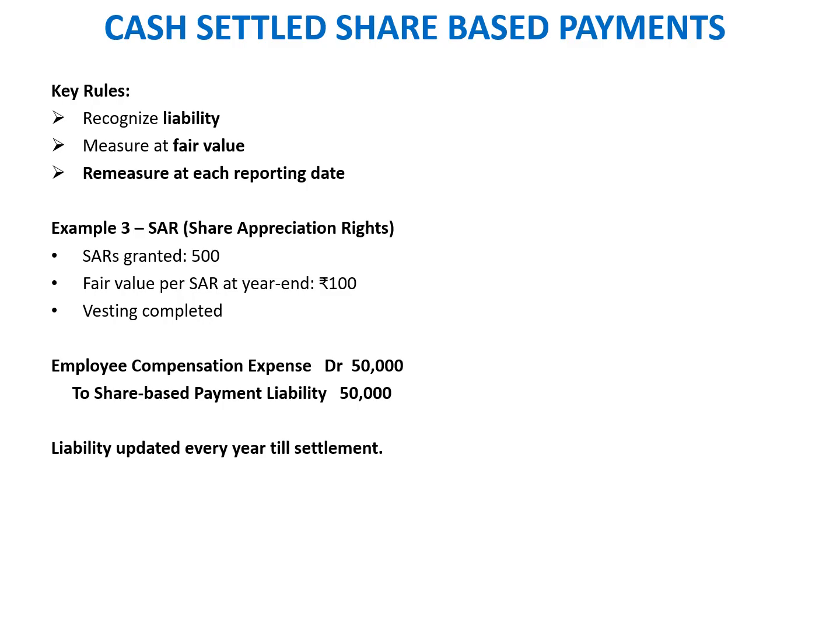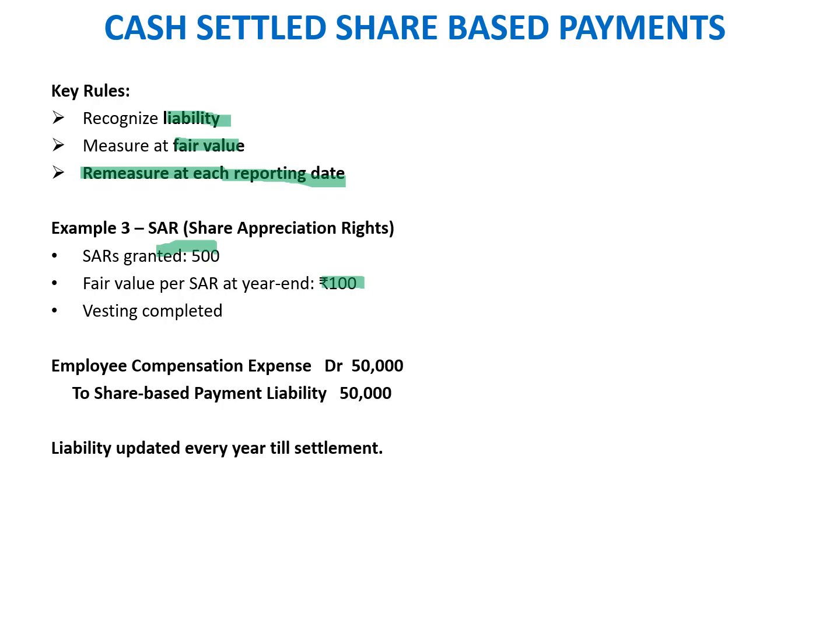So whenever we are doing any settlement on the basis of cash settled share-based payment, the key rule is that it has to be recognized as a liability. That is most important. It has to be measured at fair value, and then at each reporting date, remeasurement is required. Example, SAR, share appreciation right. SAR granted at 500. Fair value of the SAR at the year end is 100. Vesting completed.